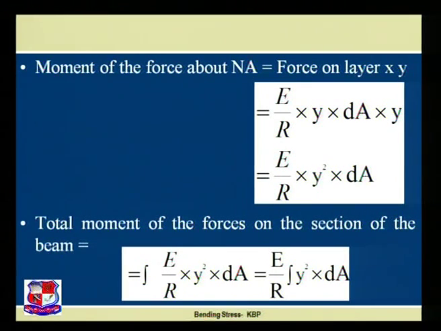So, total moment of the forces on the section of the beam is equal to integration of E over R y square into dA, while the term E over R, that is the modulus of elasticity divided by the radius of curvature, is constant for a particular cross section. So, E by R remains outside of the integration, and we have E by R integration of y square dA.